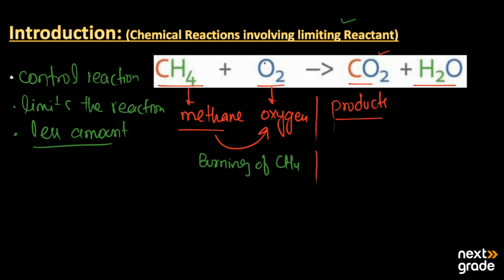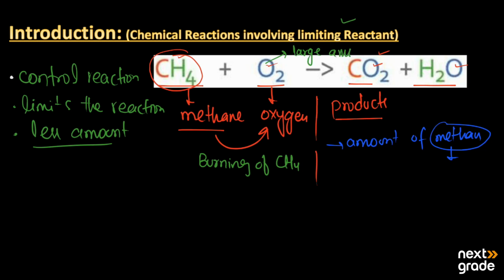Here we have seen that oxygen reacts with the carbon and changes into carbon dioxide, and oxygen reacts with the hydrogen and changes into the water molecule. So the burning of methane depends upon the total amount of methane that is present. Both the production of carbon dioxide and water molecule depend upon the amount of methane, and methane is present in less amount, while oxygen, the second reactant, is present in large amount.